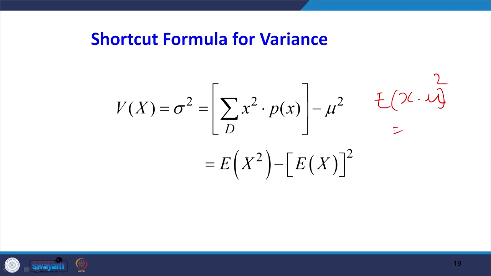When you square it and simplify it, you will get this formula. So, variance of x equals sigma of x square p of x minus mu square, and this can be written as E of x square minus (E of x) whole square. Just expand it, and you will get this answer.